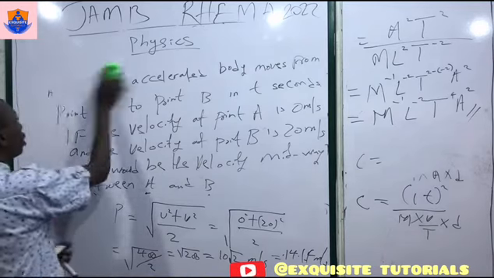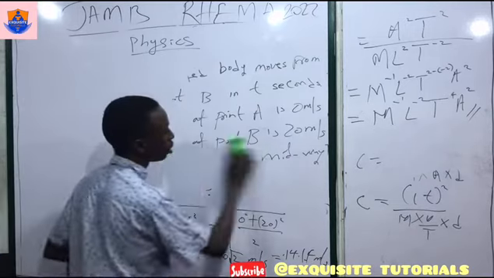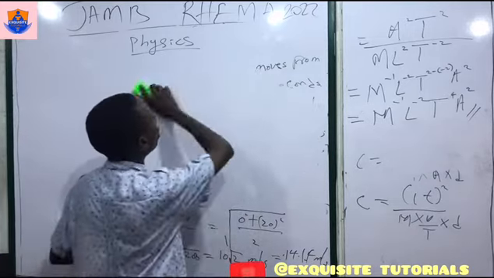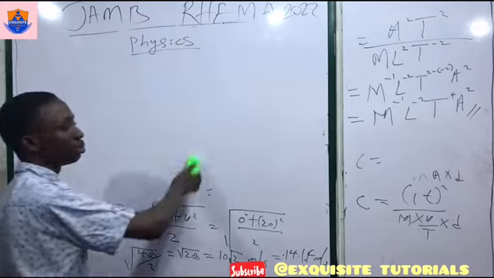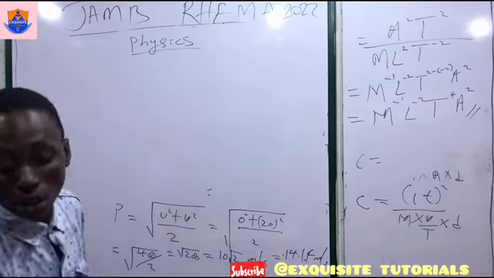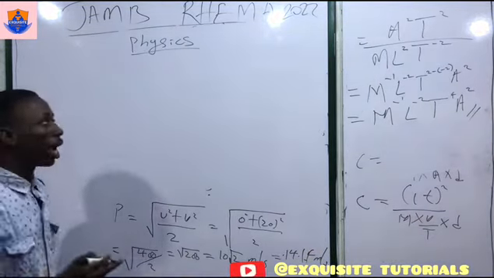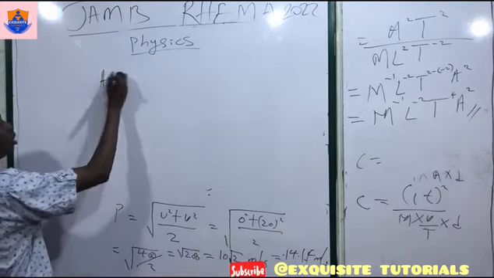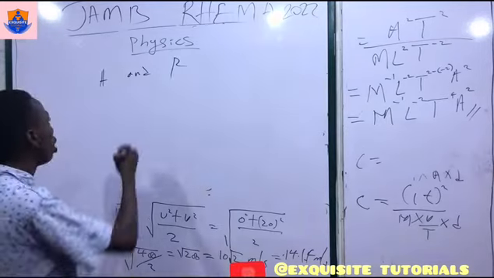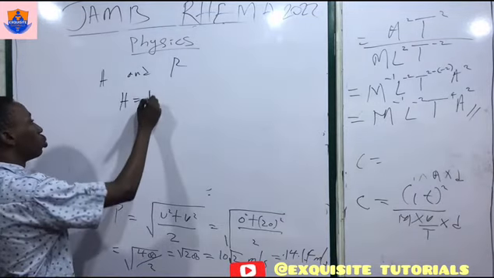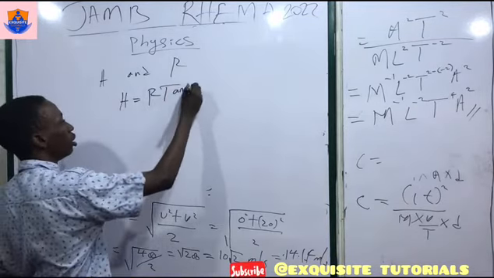So let's take another question. Let's take a question from projectile. So first of all, I'll be dropping some shortcut formulas of projectile. Now, in projectile, there's a relationship between maximum height and range. We must have heard of this formula: h is equal to r tan theta over 4.